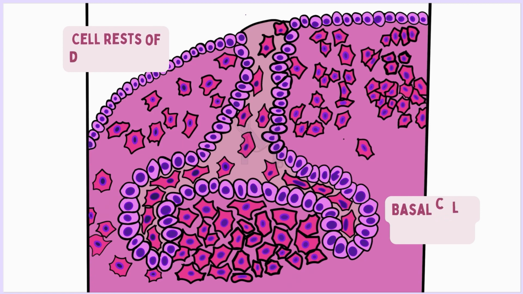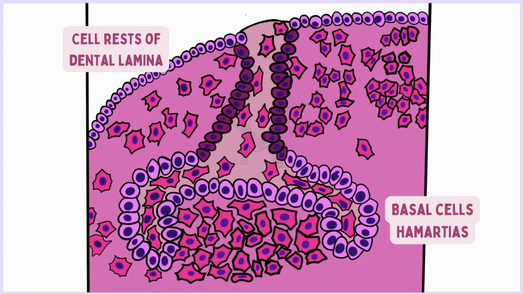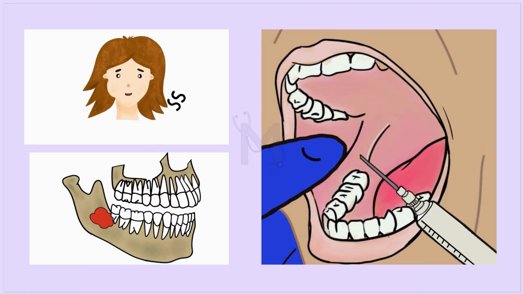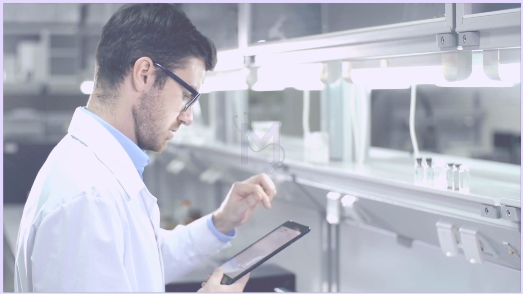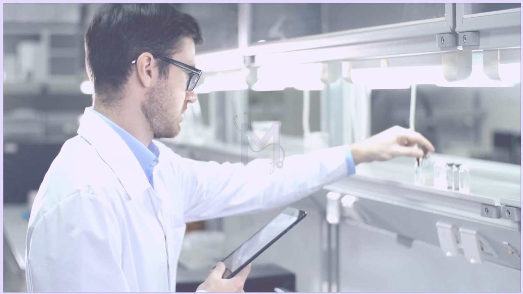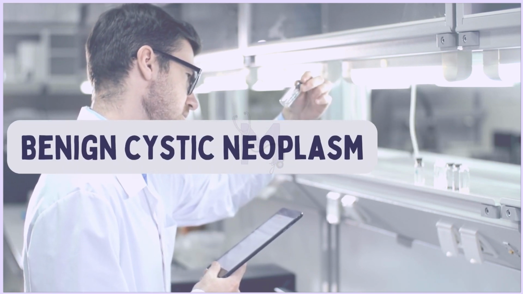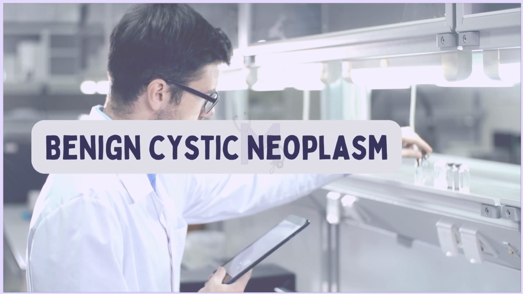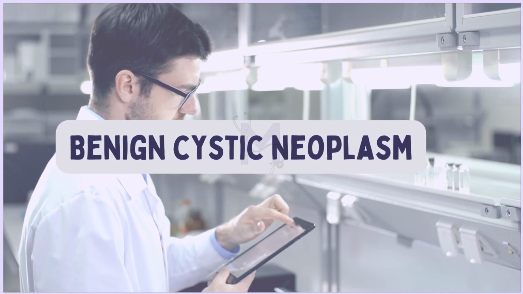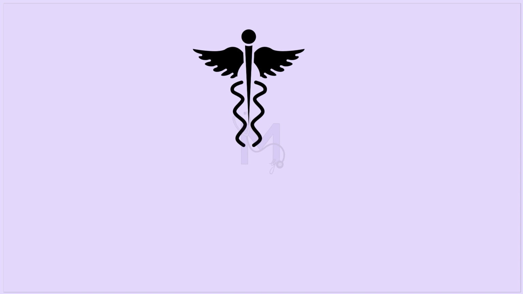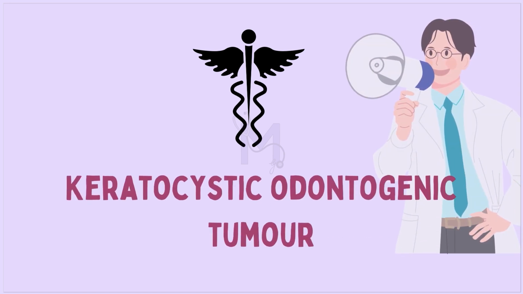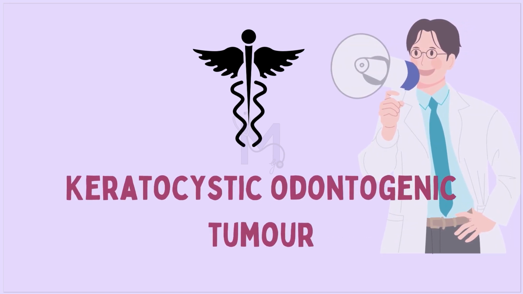Odontogenic keratocysts arise from the cell rests of the dental lamina and basal cell hamartias. OKC shows a few features of a neoplasm. Several investigators have suggested that odontogenic keratocysts should be regarded as benign cystic neoplasms rather than cysts. And in the latest WHO classification of odontogenic tumors, they have been given the name keratocystic odontogenic tumor.